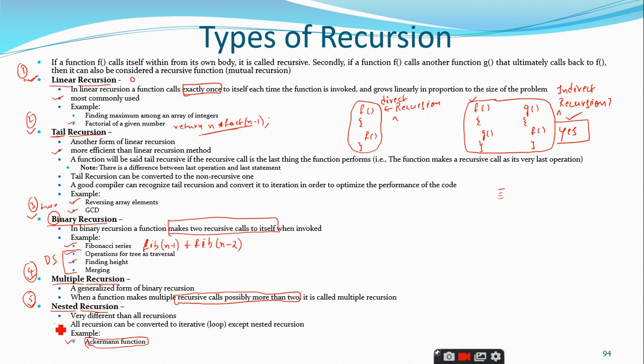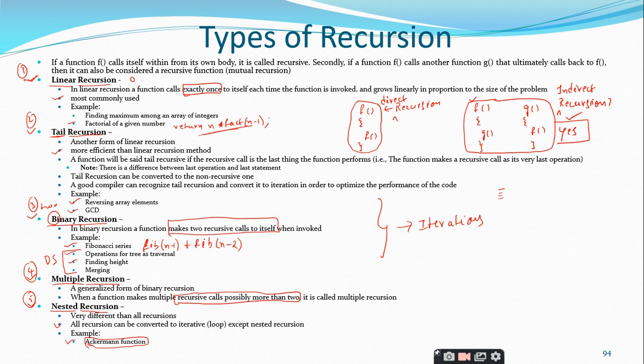So a very important point: all the 4 above recursions, like the linear recursion, tail recursion, binary recursion and multiple recursion, can be converted into their equivalent iterations. I told you, any recursive function can be converted into an iterative equivalent, and an iterative equivalent can be converted into the recursive equivalent.